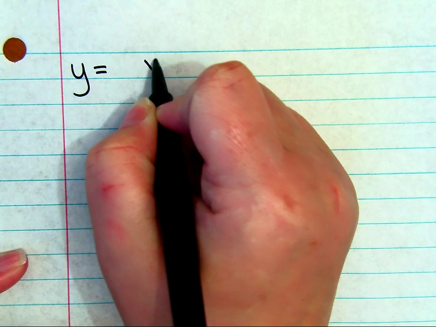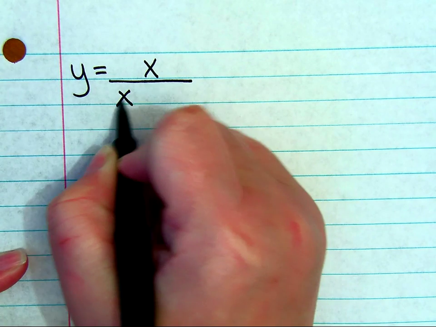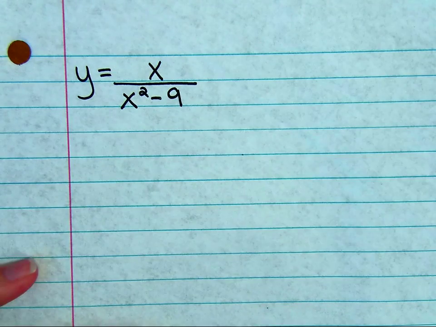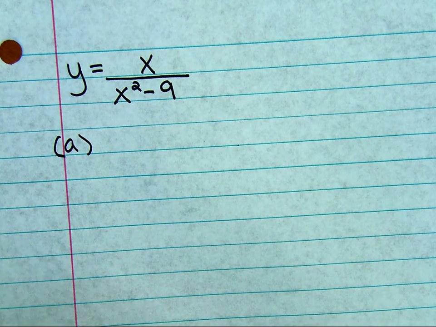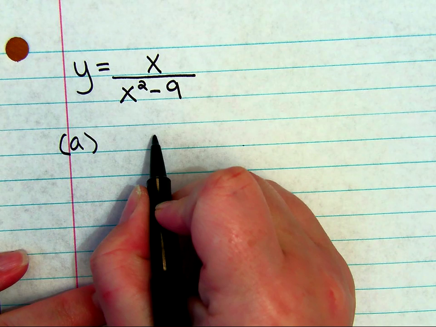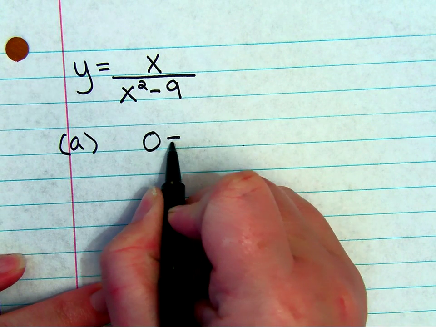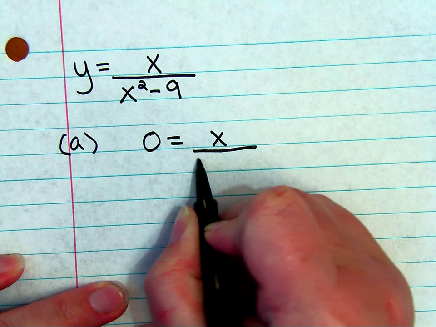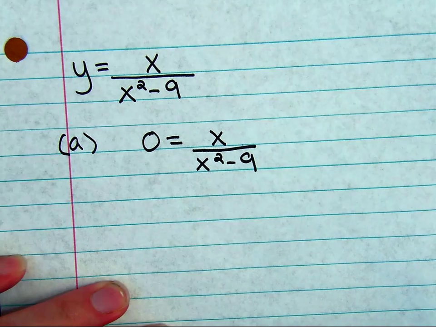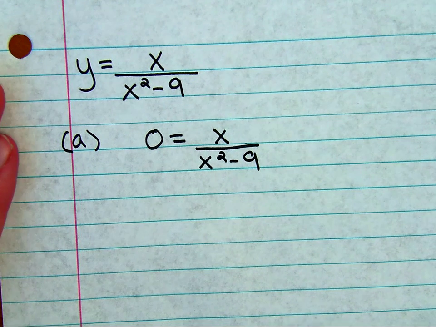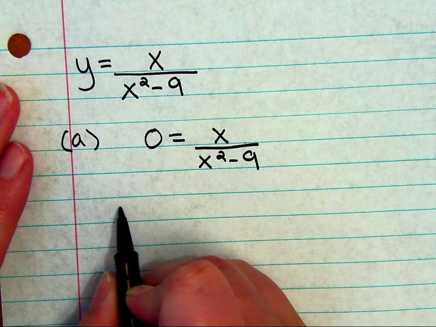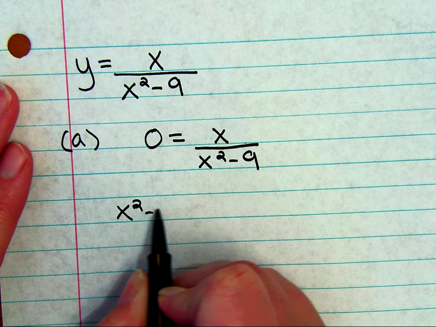So our equation, all right, so part A, find the x-intercepts. So I set y equal to 0 and solve. So 0 is equal to x over x squared minus 9. And if I want to solve this, then I would technically multiply both sides by x squared minus 9.